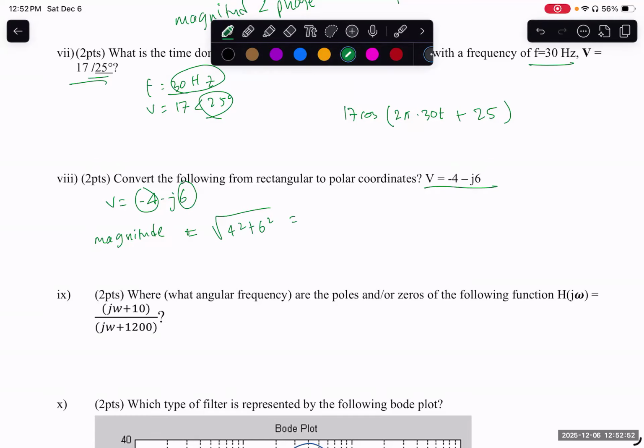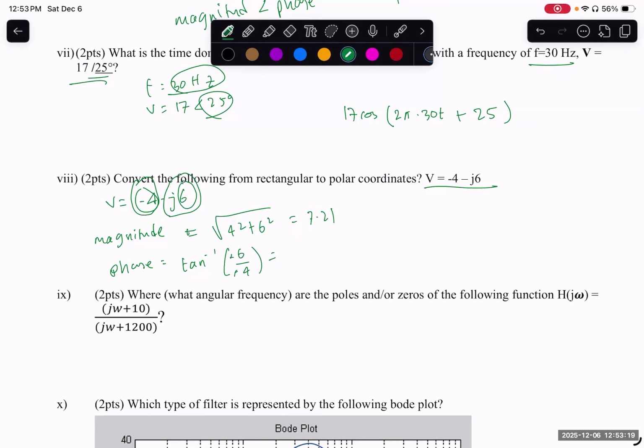Calculating it using your calculator would give a value around 7.21. Then you need the phase. How do you find the phase? You take the inverse tan of the complex part over the real part, which is 6/4, and the negatives cancel out.